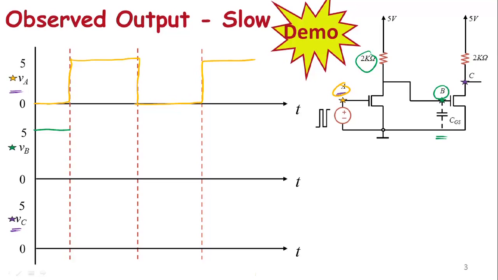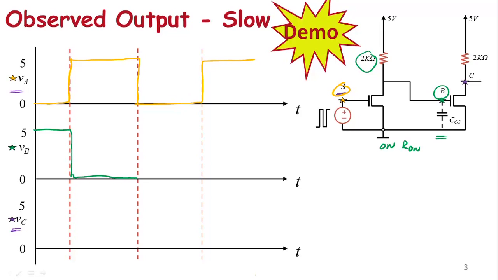And then when A jumps up to a high value, B gets pulled down low, and it goes down pretty fast. And the reason it goes down pretty fast, as you will see in this demo, is that the on resistance of the MOSFET is very, very low. Okay, so B will go down pretty nicely as you expect, pretty quickly.